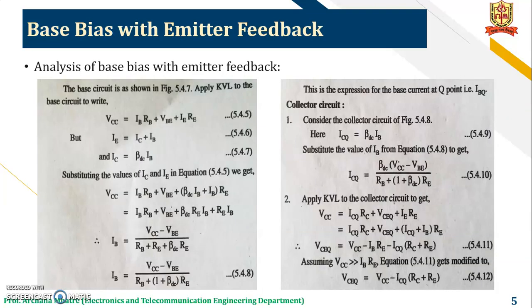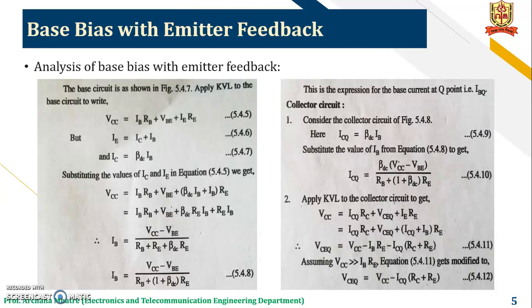Now this is the analysis of base bias with emitter feedback. Here first we'll apply KVL to the base circuit. So we'll get the equation as VCC is equal to IB RB plus VBE plus IE RE.